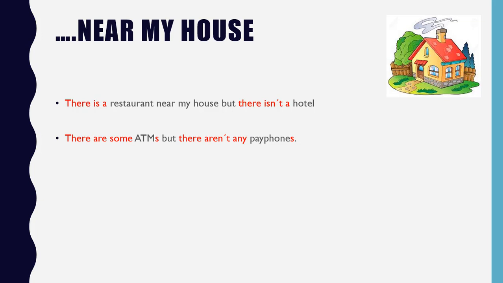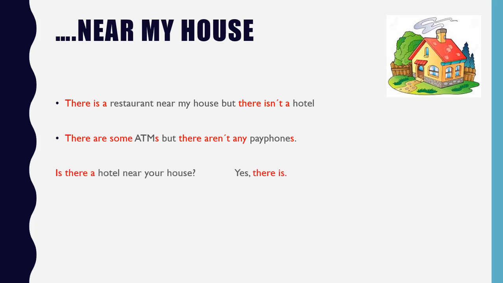There are some ATMs, but there aren't any payphones. There aren't any. So this is the negative form of there are. And we use the word any for negative, only for negative. In this case, for negative. Payphones, and payphones, look, that is in plural.